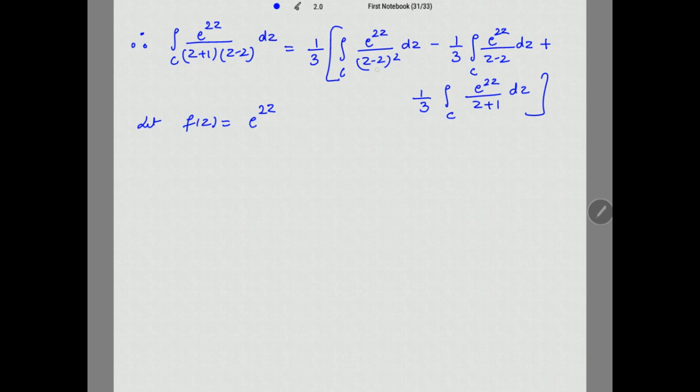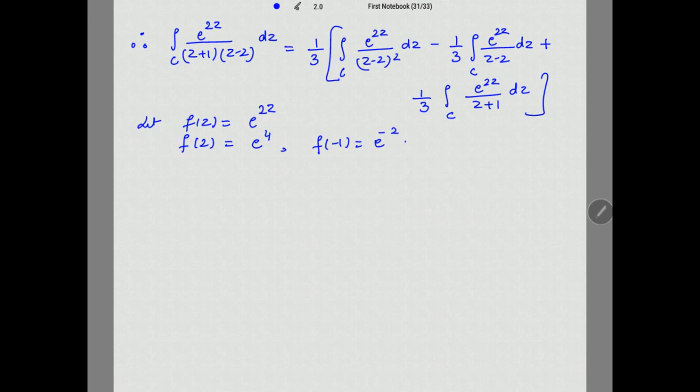For the first we need f(2). So f(2) comes out to be e^4. And for the second one we need again f(2). And for the third we need f(minus 1), so f(minus 1) is equal to e^(minus 2).